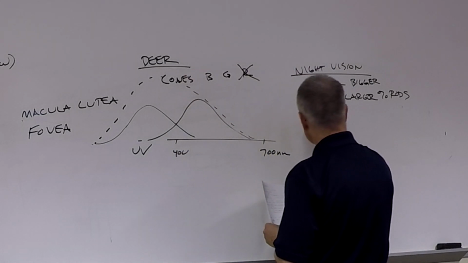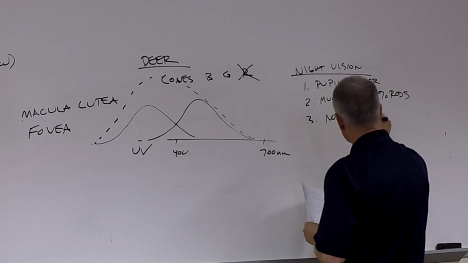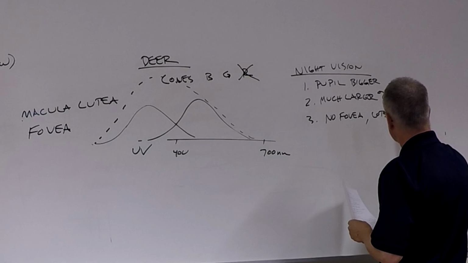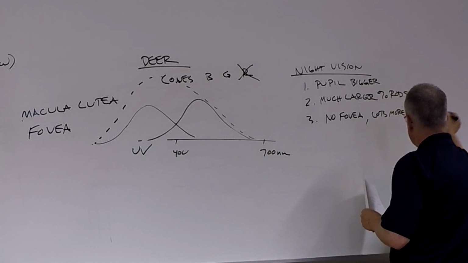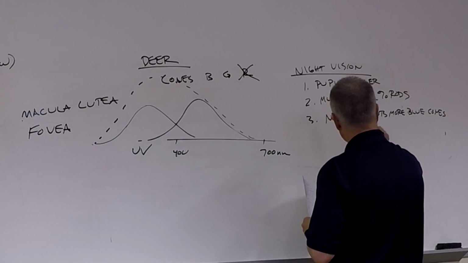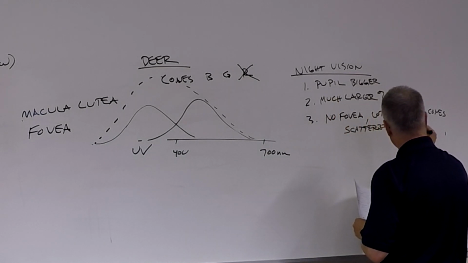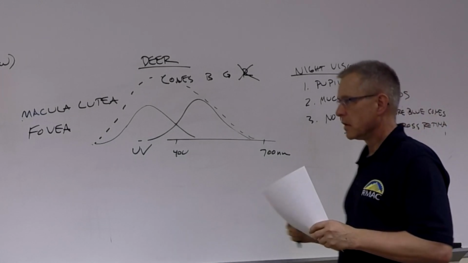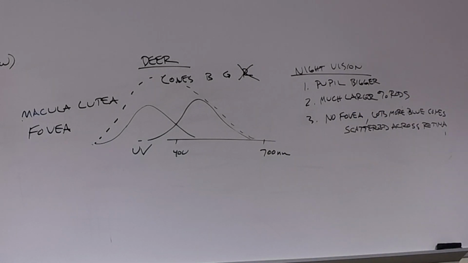This one's sort of interesting. Where we've got lots of our cones packed in that fovea, right in our central vision, they've got them more spread out over that whole retina.